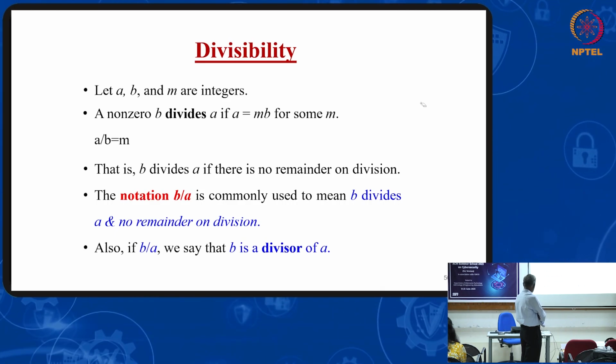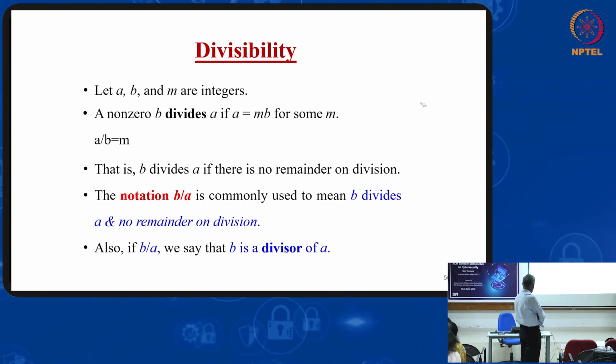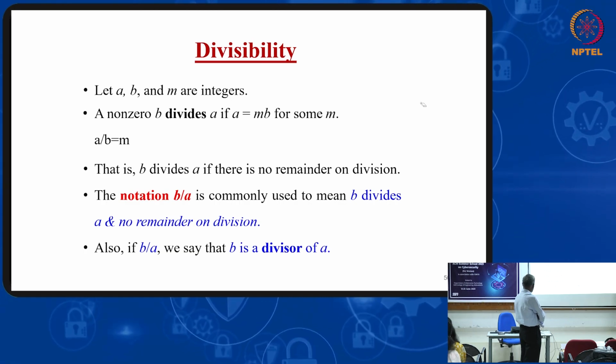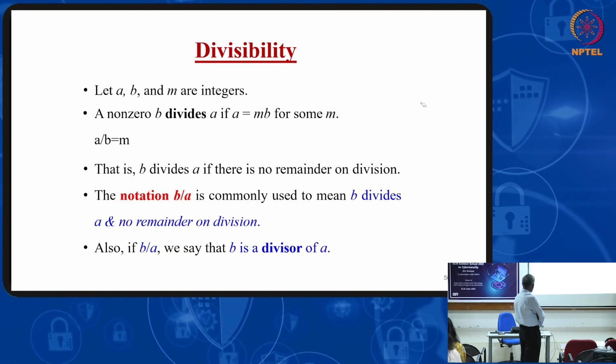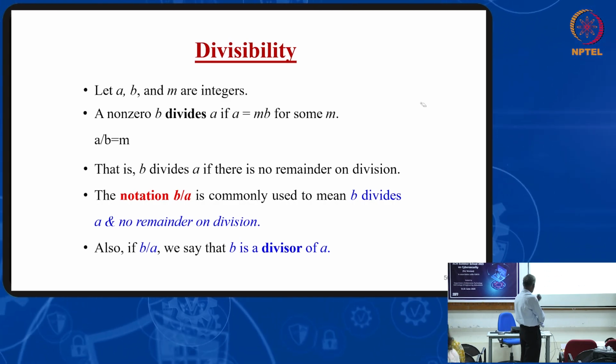A divided by B equals M, you can write A equals M times B. Let me take A by B equals M, which means 10 by 5 equals 2. A equals 10, B equals 5, M equals 2.